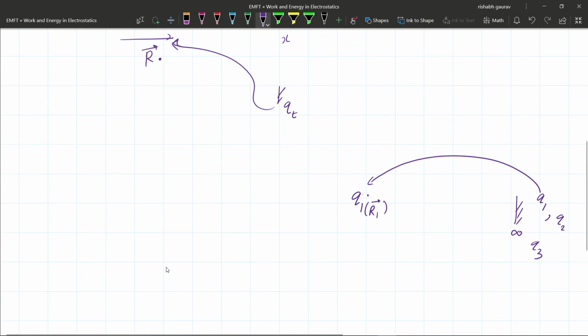Since at this point of time no electric field is present in the space, there is no potential present there, therefore no work has to be done in bringing the charge from infinity to the point R1 in space, and therefore we can say that the work done in bringing the charge Q1 is equal to 0.